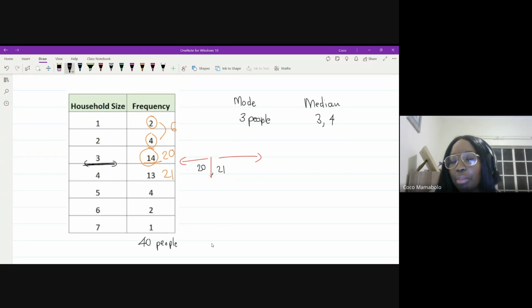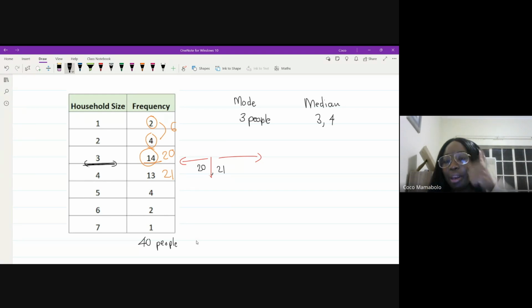What they mean is that some households have 2 kids and some households have 3 kids. So in this particular set of data, we're looking at between 3 and 4 people as the median household.